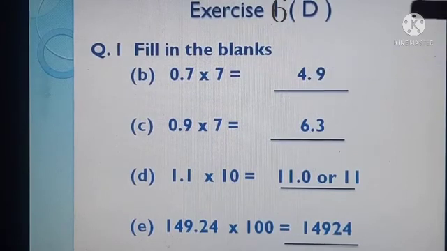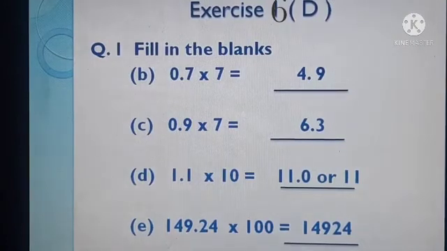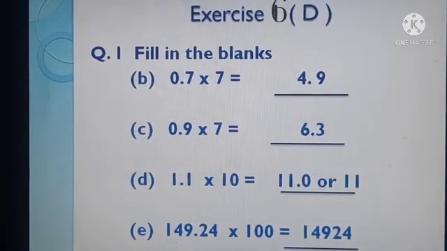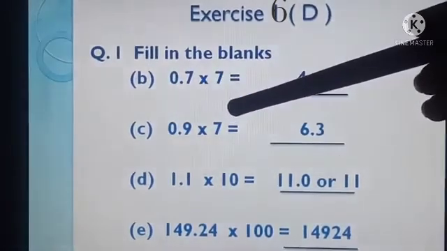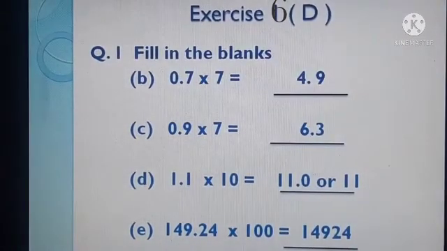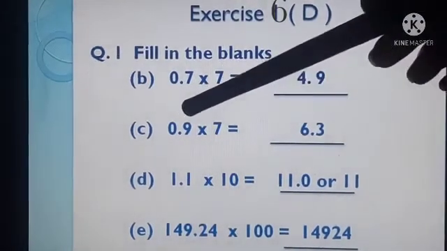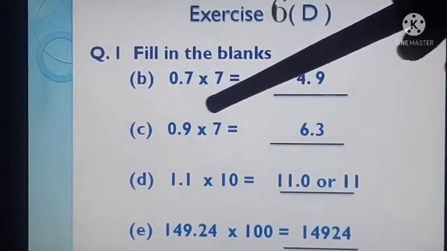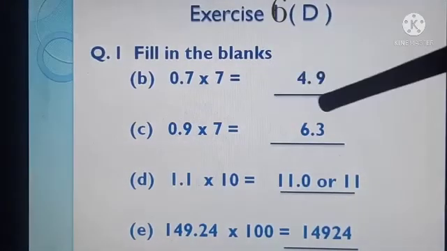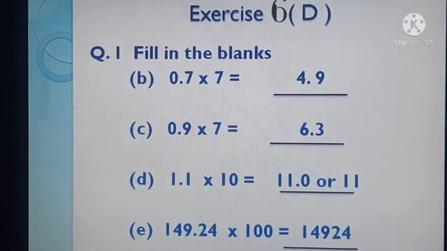And now we will put decimal. So, our answer will become 4.9. Now, next part is 0.9 multiplied by 7. 9 7s are 63. And now, when we are putting decimal, then we can check our answer will become after decimal there is 1 digit. So, our product will be 6.3.